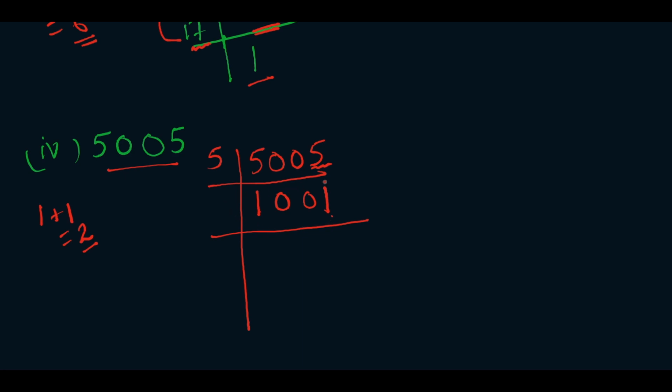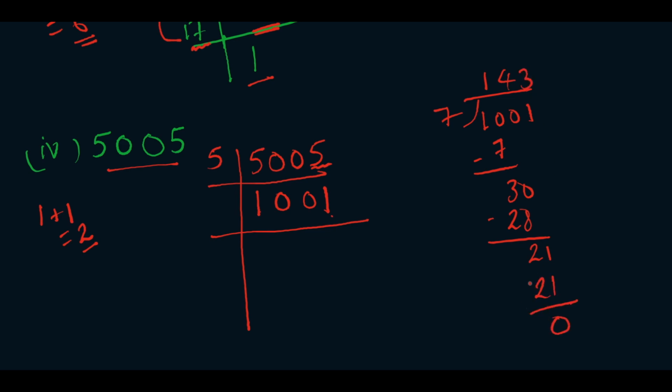Now let us take 7. 7 times 3 is 21, 7 times 4 is 28, 7 times 3 is 21. So we get a 0 here, hence it is divisible by 7. So we write 7 here, we get 143.